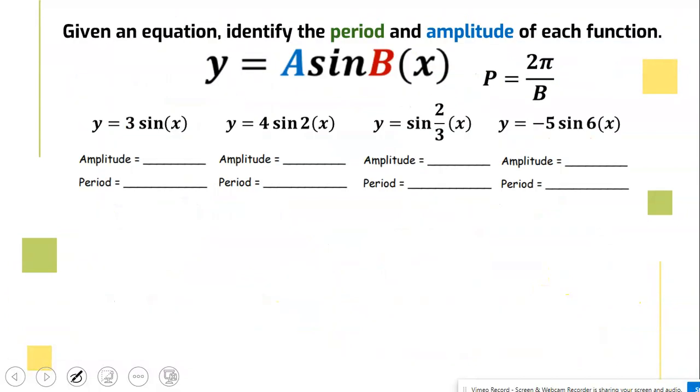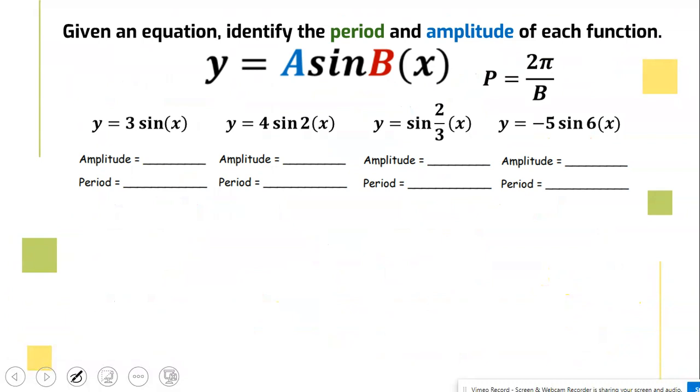Given an equation now, we're going to identify period, amplitude, and probably confirm some values of B. Just for fun, it's not asking for that, but we might as well strengthen our understanding. So period is how long it takes to complete one cycle of sine.